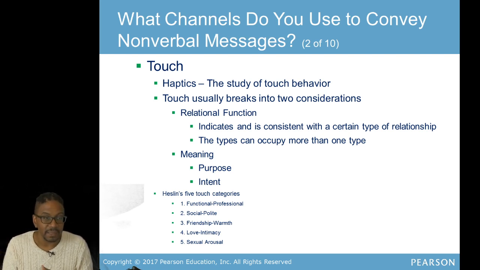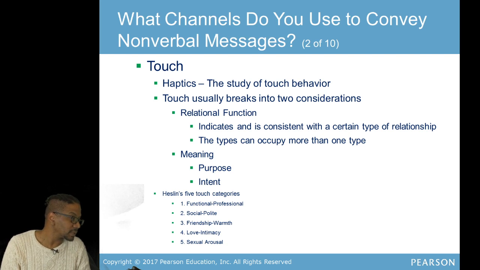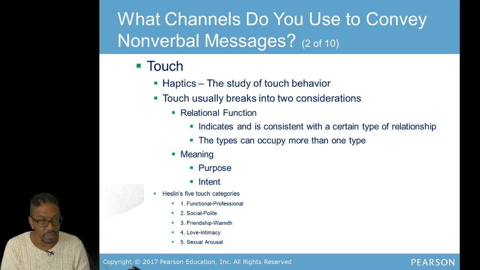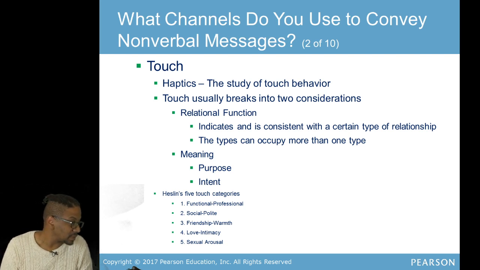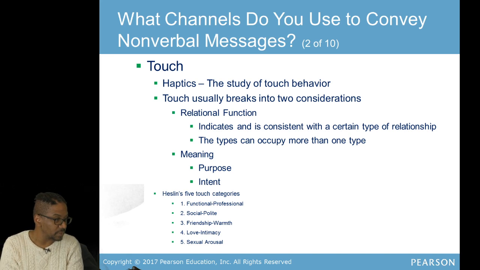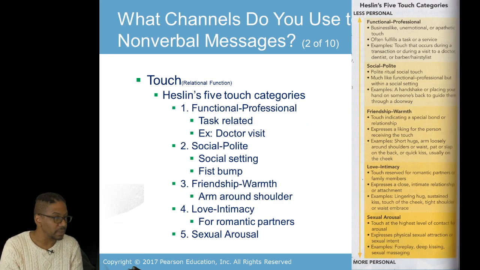It can also go into more than one type, so it has some carryover. It doesn't stay exclusive to one particular type of relationship or meaning. The meaning is also affected by purpose and intent. Some of the five touch categories are functional, social, friendship, love, and sexual arousal.